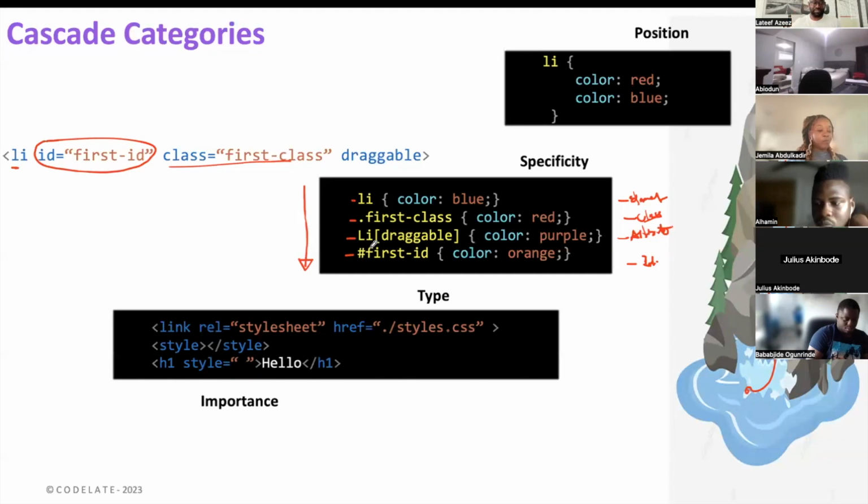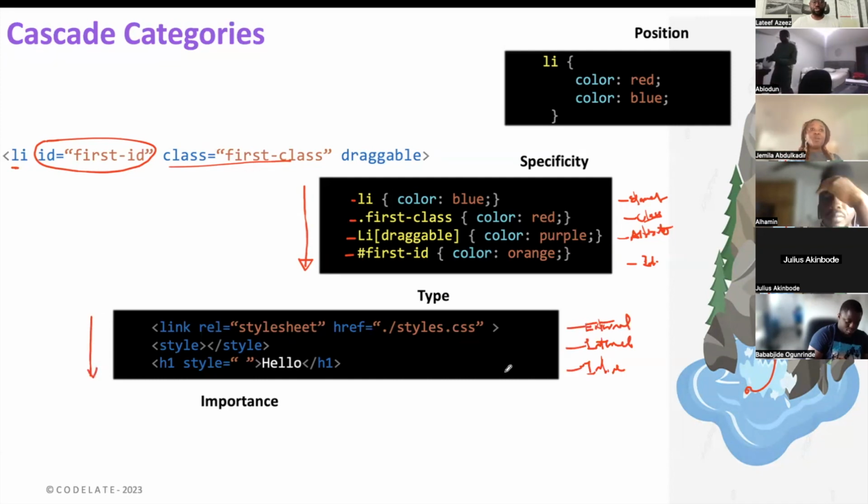When you have an external, then you have an internal, and finally you have an inline. Which one is more prioritized? The order of prioritization would increase downwards. So the inline is more powerful than the internal and than the external.